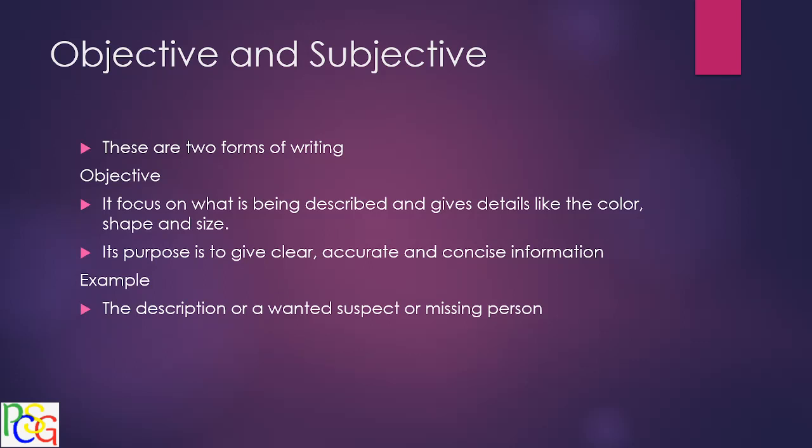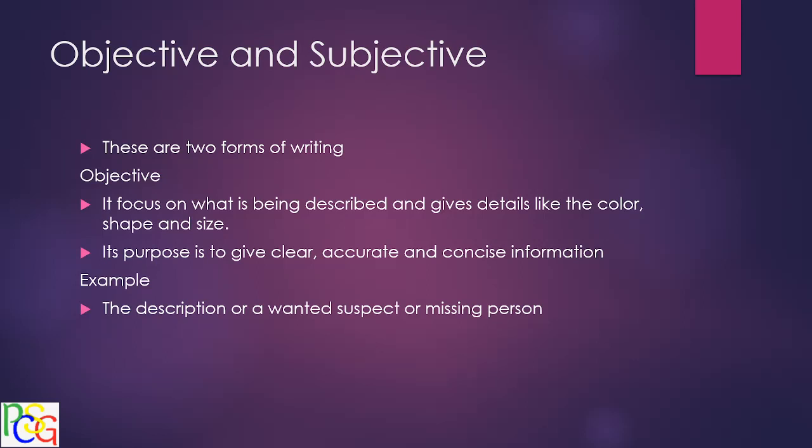And my example here is the description of a wanted suspect or missing person. If I'm describing a wanted suspect, I'm describing his face. I would say he has a broad face with a broad nose and beady eyes and big ears.